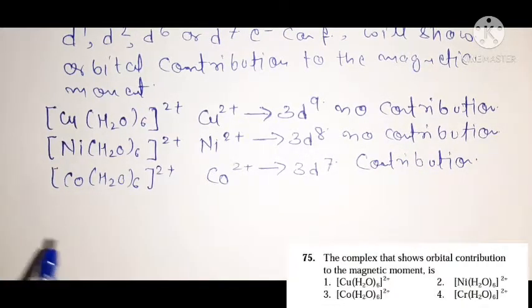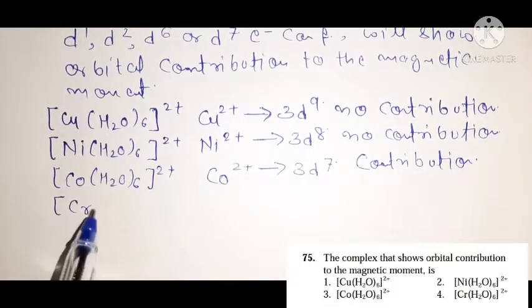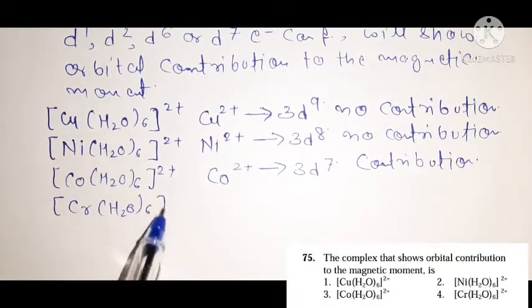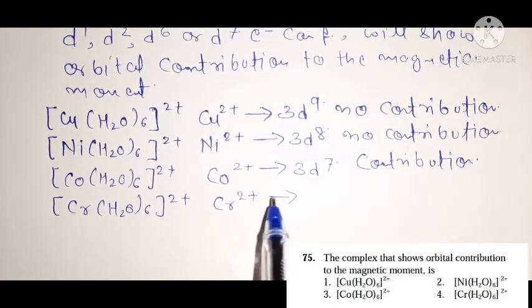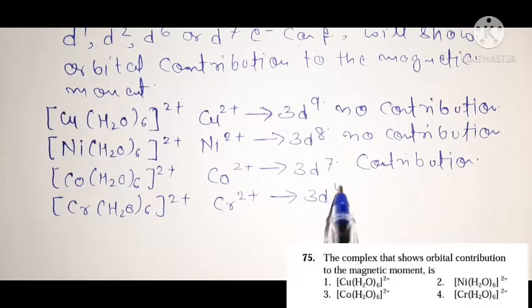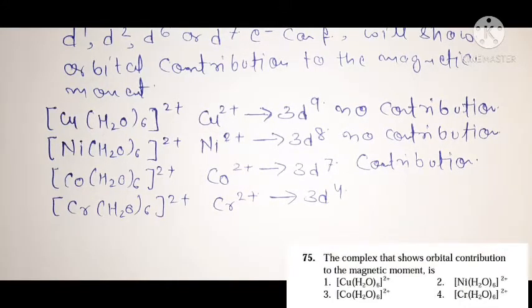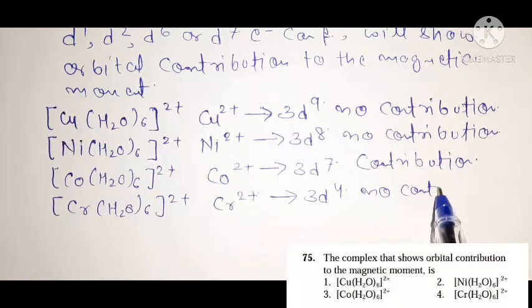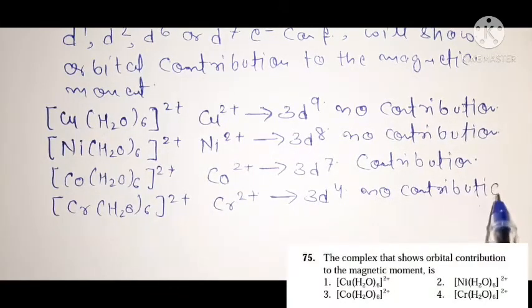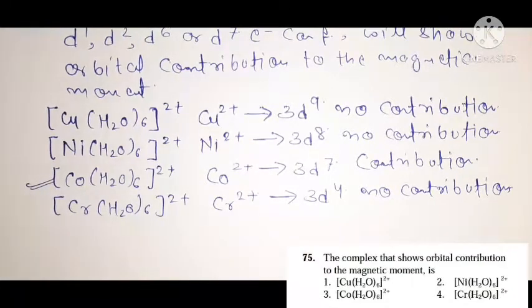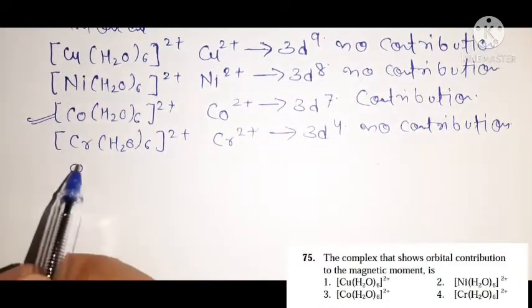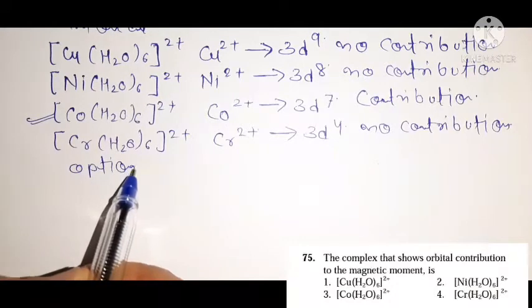And in the fourth option, Cr(H2O)6 2+, this is chromium 2+, again electronic configuration is 3d4. So there is also no orbital contribution. So out of these four complexes, only option number third shows orbital contribution to magnetic moment. So option third is the correct answer for this question.